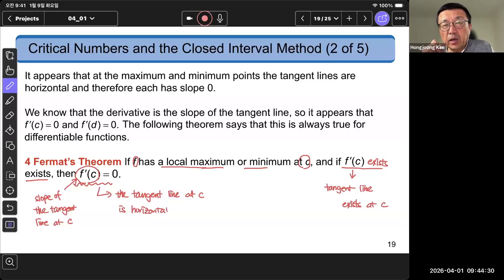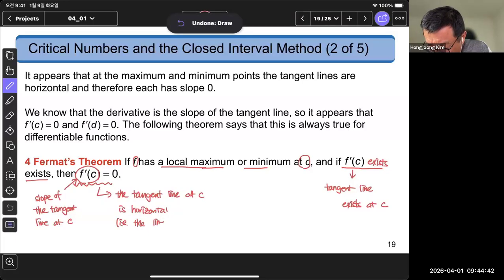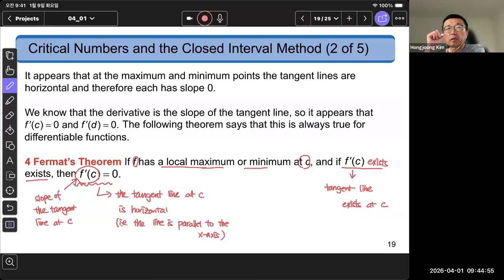In other words, the line will be parallel to the x-axis. Okay, so the tangent line will be parallel to the x-axis. That's Fermat's theorem.